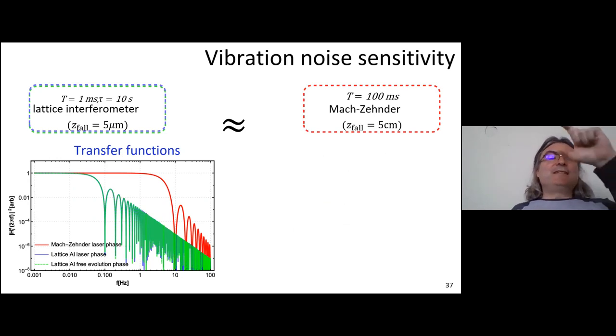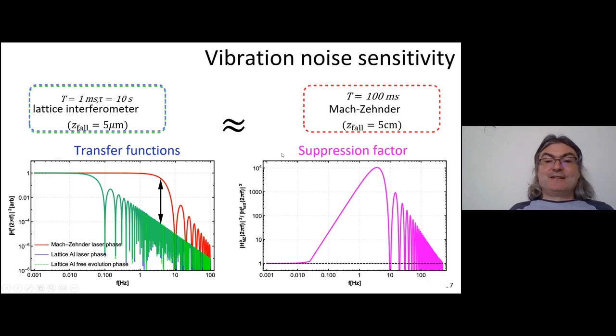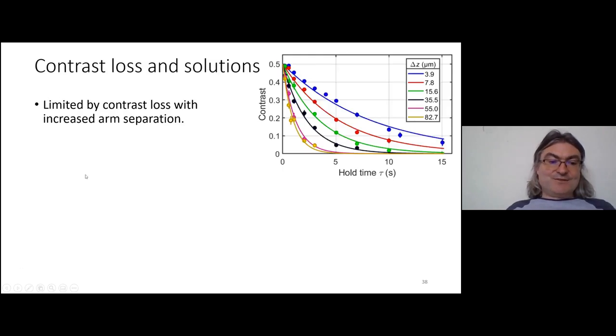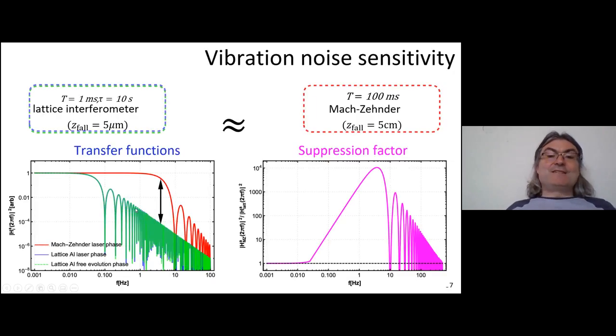But thanks to the lattice hold, the interferometer averages over those vibrations. And so if you plot the vibration sensitivity as a function of frequency, you will find a very strong suppression of the unwanted sensitivity to vibrations. We have demonstrated that with data. Unfortunately, the data is not shown here, but it matches the theoretical curve beautifully.